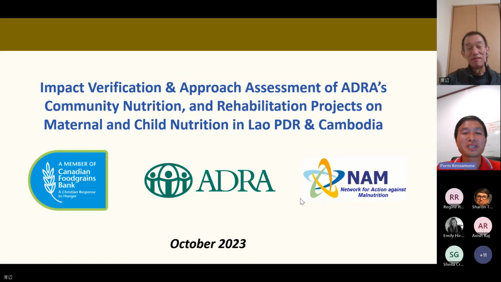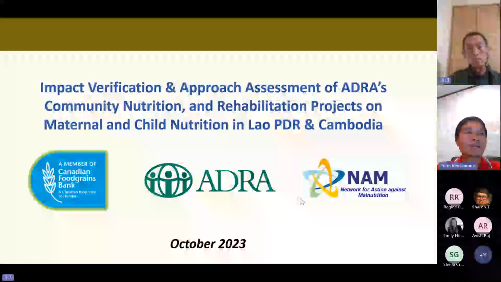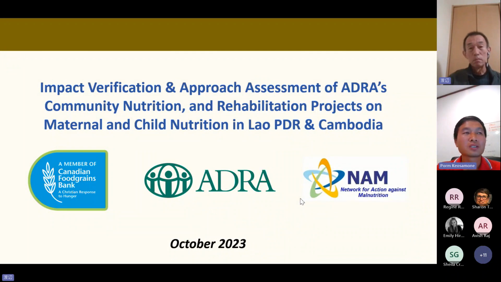So this is new to me. Mr. Koichiro, I would say, is a professional consultant. He has conducted a lot of consultancy services in many parts of the world, including Papua New Guinea, Ethiopia, Nigeria, Myanmar, Tanzania, Laos and Vietnam, mostly in nutrition.